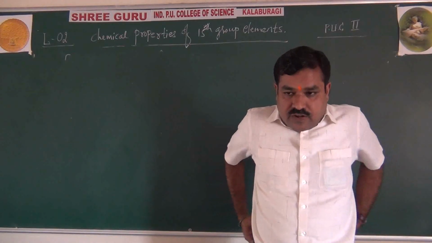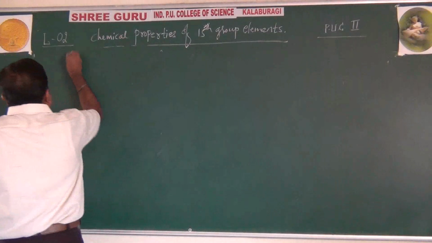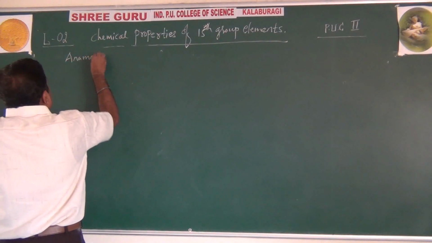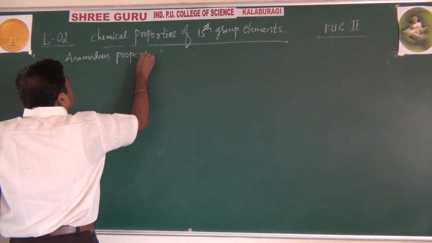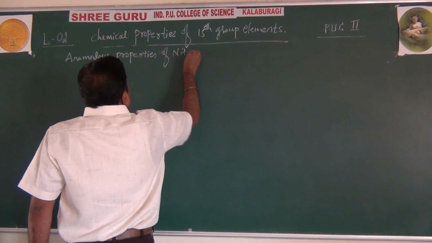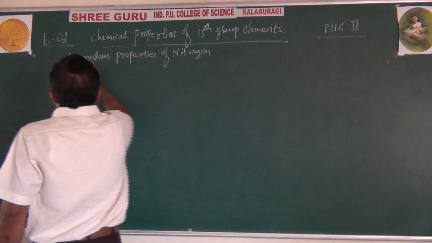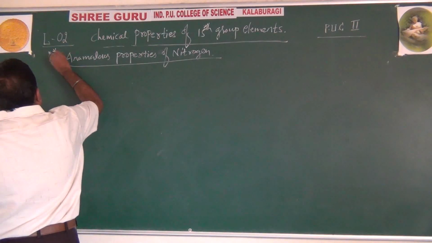Now students, coming lastly to anomalous properties of nitrogen. For theory, it will be asked for 3 marks, important.